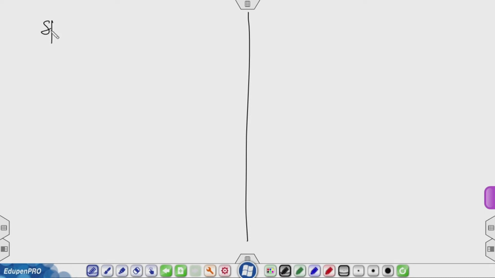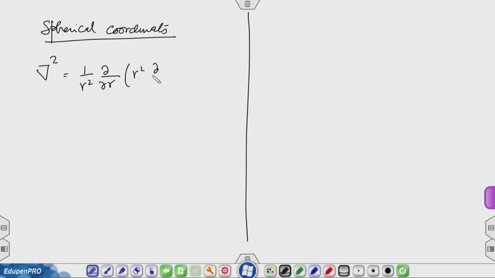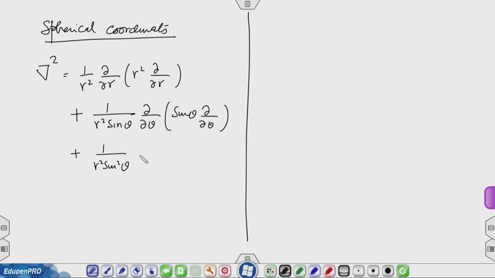So, in spherical coordinates, the Laplacian del square is given as 1 over r square partial with respect to r of r square partial with respect to r, plus 1 over r square sin theta partial with respect to theta of sin theta partial with respect to theta, plus 1 over r square sin square theta double derivative with respect to phi square.